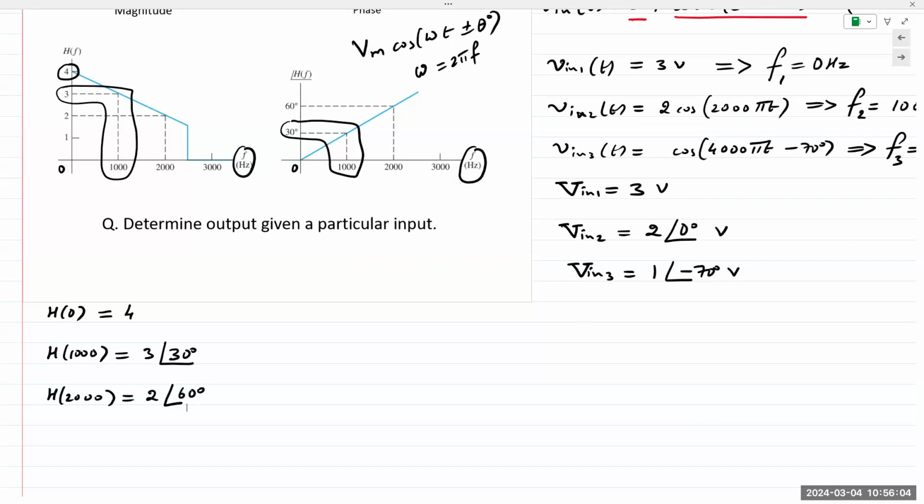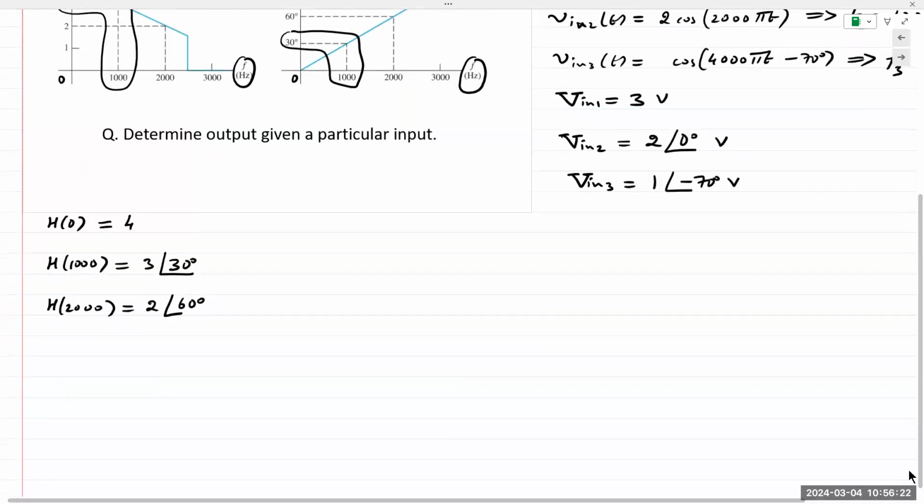Each one of those components has a frequency. We extract the information and find the frequencies are 0, 1000, and 2000 hertz. Then we take those three frequencies, go to the figures, and write down the transfer function directly, the magnitude as well as the phase. Now all that's left is to apply the equations to each one of these inputs.